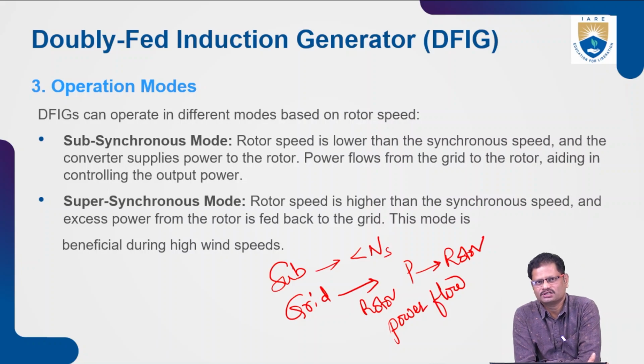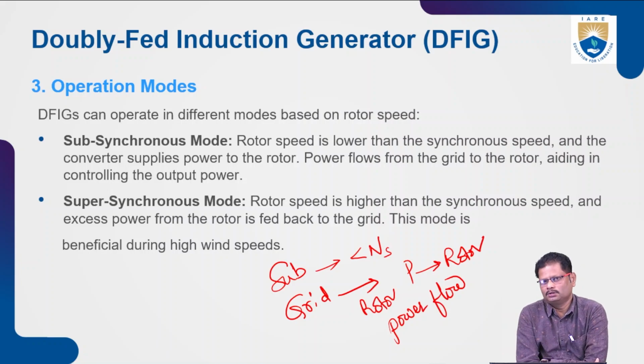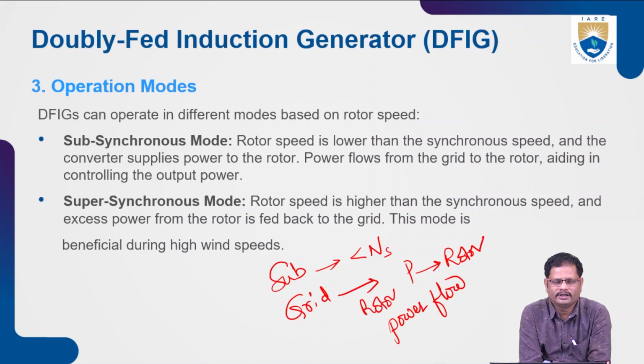That is subsynchronous mode. Subsynchronous mode is nothing but the rotor speed being lower than the synchronous speed, and the converter supplies power from the grid to the rotor. It helps in controlling the output power.